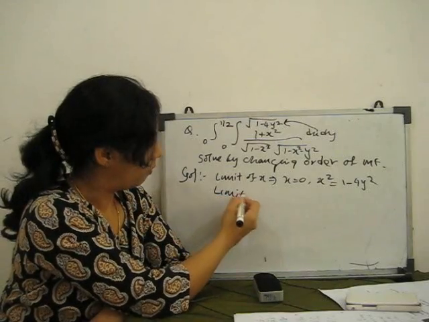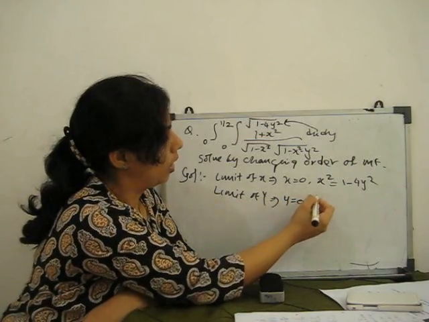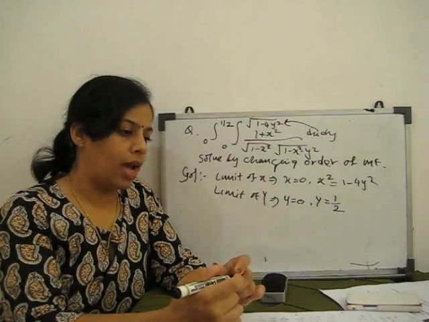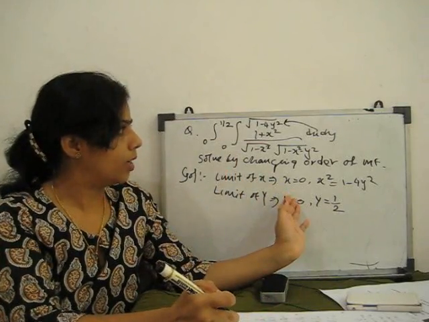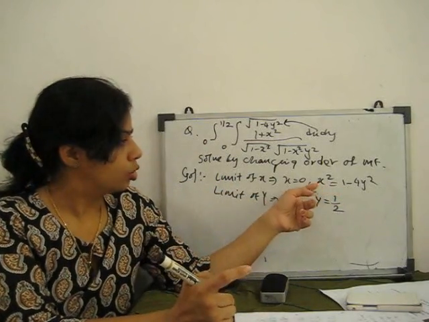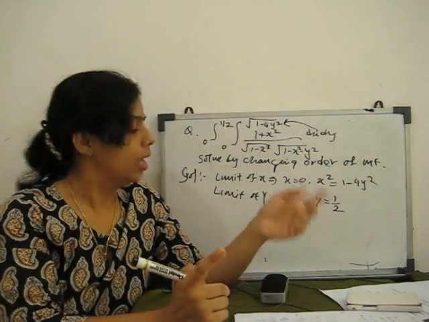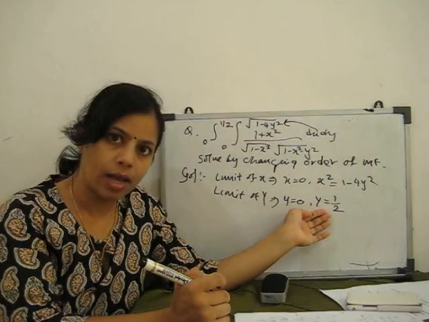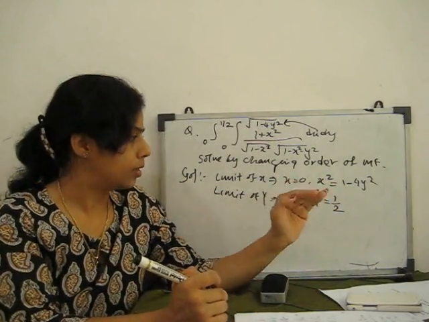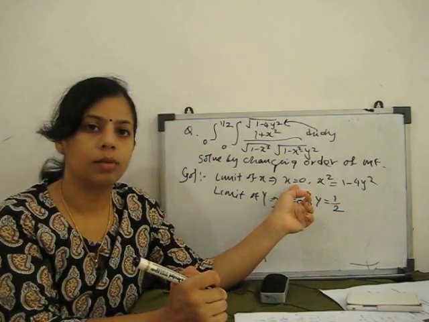Similarly, limit of y in terms of constant, y is equal to 0 and y is equal to 1 by 2. Clear? Now we have to change order of integration. So it means we have to find out limit of x in terms of constant, and we have to find out limit of y in terms of x. Clear? So first step, we have to find out limit of x in terms of constant.